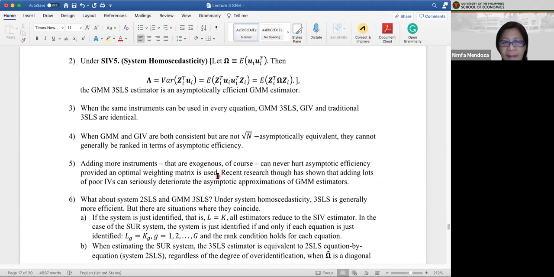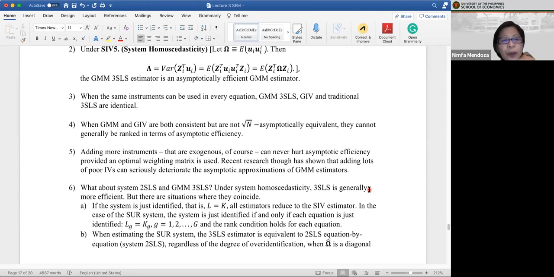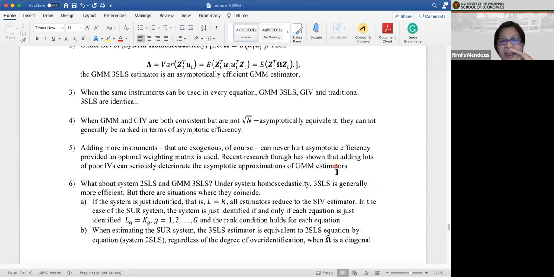So if you use optimal GMM or GMM three-stage least squares, adding more instruments does not hurt. However, recent research has shown that adding lots of poor IVs can seriously deteriorate the asymptotic approximations of GMM estimators.